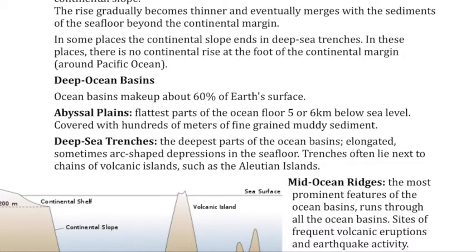A lot of times these trenches have to do with the fact that one plate that is maybe holding the ocean and one plate that's holding a crust of a continent is actually colliding, and one is being put underneath the other, and so you end up with deep cracks that go deep into the earth as these fault lines are present there.